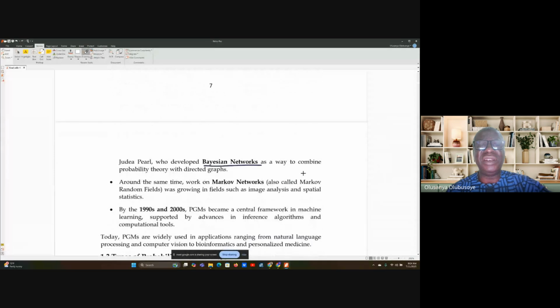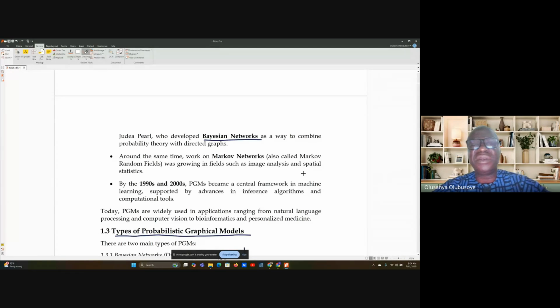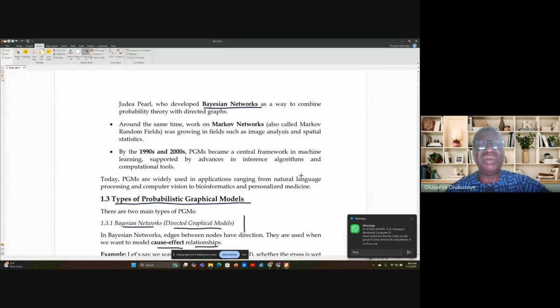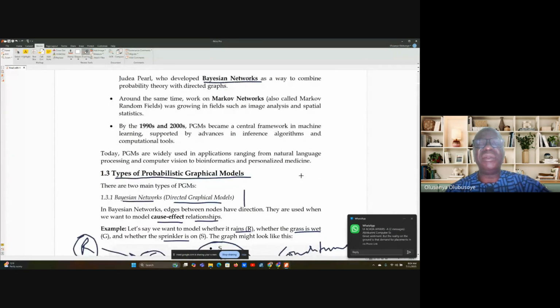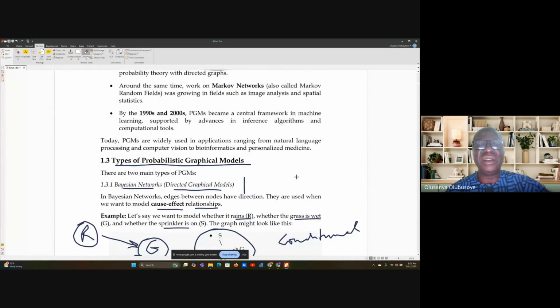And we talked about the Bayesian networks and the Markov networks, and we tried to look at the differences between the two.